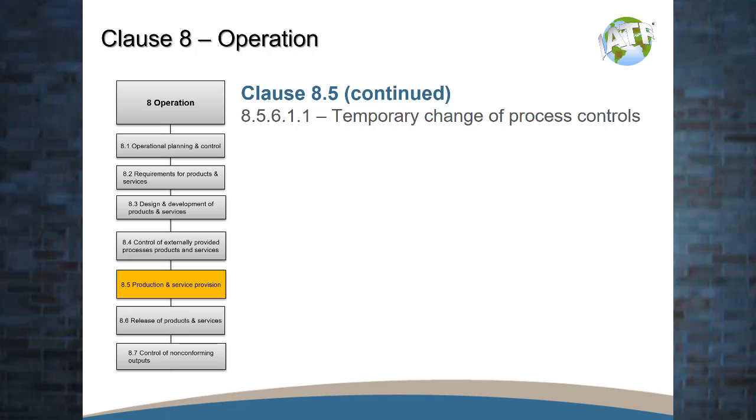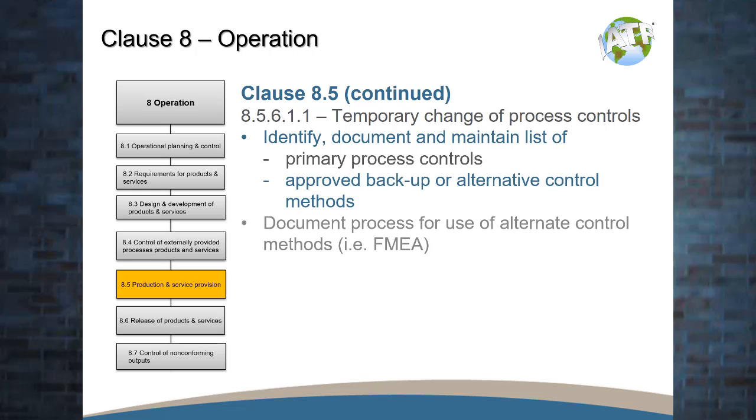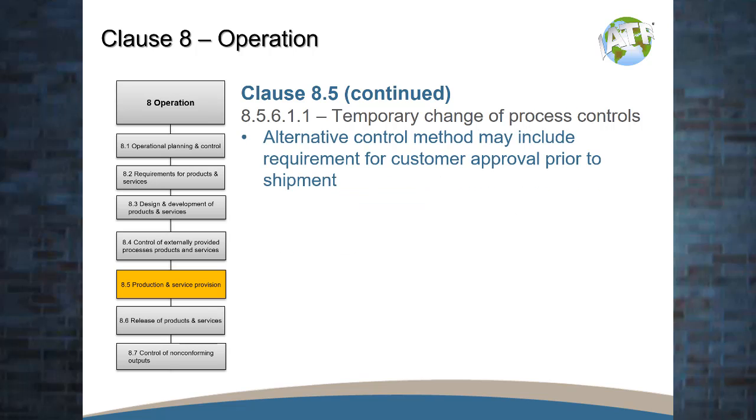8.5.6.1.1, temporary change of process controls. So you have to identify, document, and maintain a list of primary process controls, approve backup and alternative control methods, and then have a documented process for use of that alternative control method, such as in your FMEA or in your control plan. Alternative control methods must include a requirement for customer approval prior to shipment of the product.